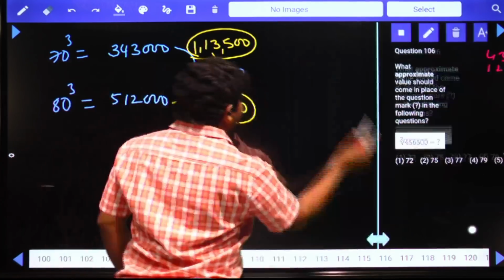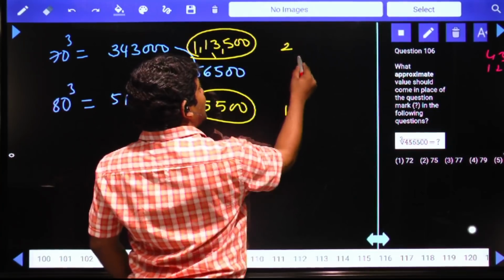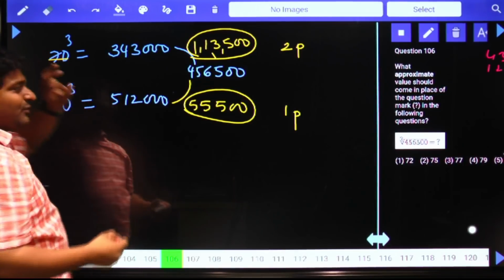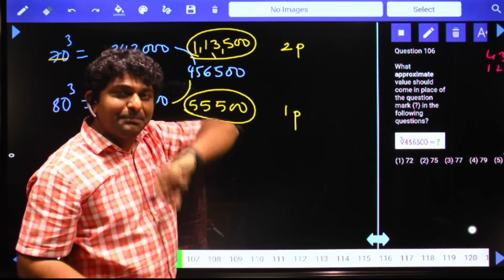So approximately I will treat these two differences as being in the ratio 2:1. The difference between 70 and 80 is 10, and that 10 is divided in the ratio 2:1. Total 3 parts we have.